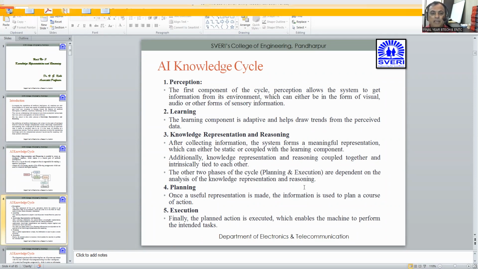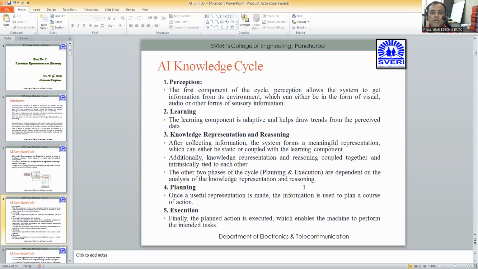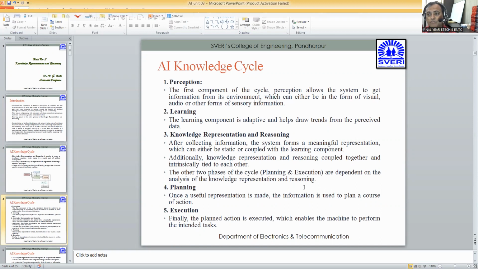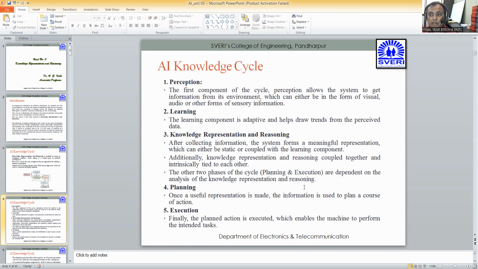Then we will start learning. The learning component is adaptive, and helps draw trends from recursive data. It will learn from the data that has been captured from perception. The perception is nothing but to get the information from its environment. Now the learning component is very adaptive.